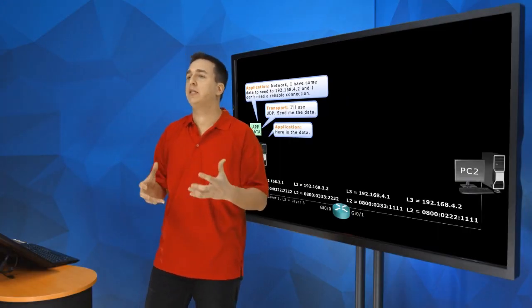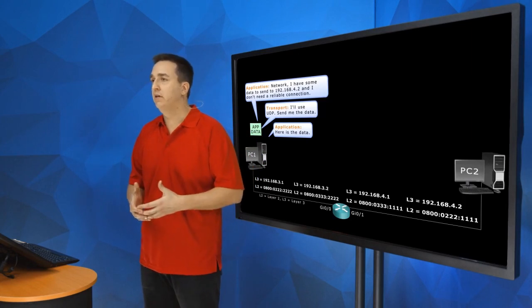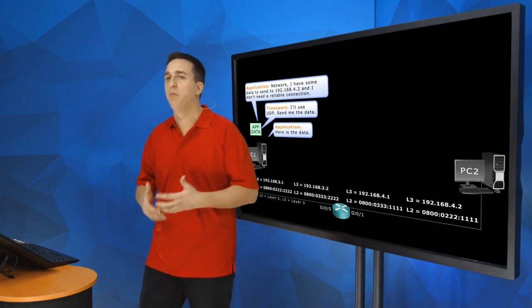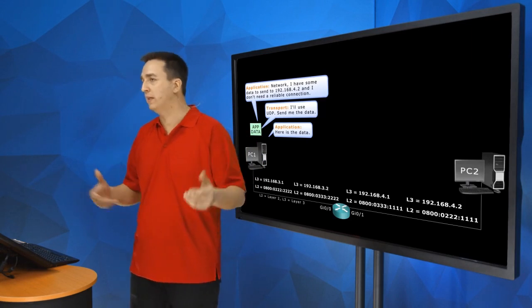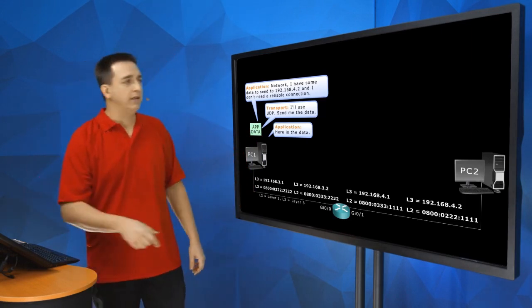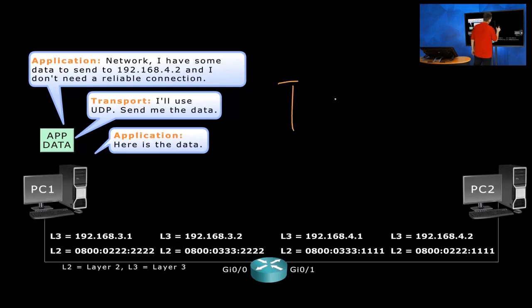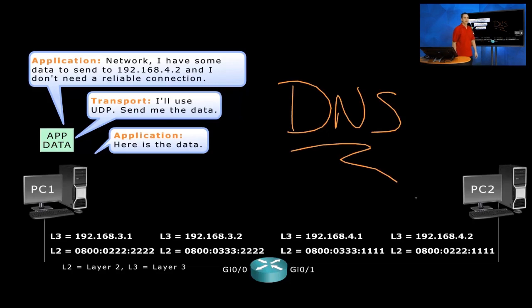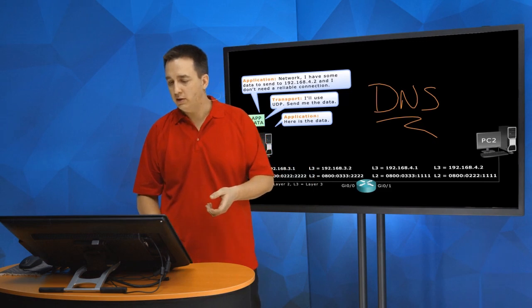Now, what is responsible for getting that IP address of www.cisco.com or PC2? What's responsible for that? That's right, DNS. DNS will take care of that for us. So we'd have a name resolution process that would take place. I send out a request asking, hey, what is the IP address of PC2? And I got it back as 192.168.4.2. So that's how I learned that the IP address is 192.168.4.2.